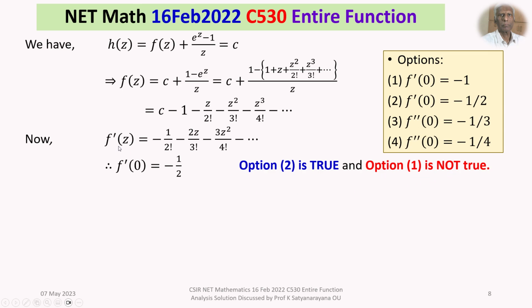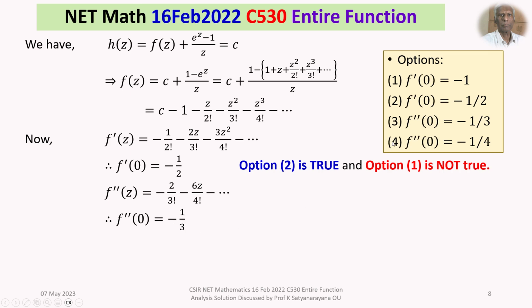Now differentiate f prime z once again with respect to z. That means f double prime z is equal to minus 2 by 3 factorial minus 6z by 4 factorial minus so on and so forth. Put z equal to 0. F double prime 0 is equal to minus 2 by 3 factorial, that is minus 1 by 3.